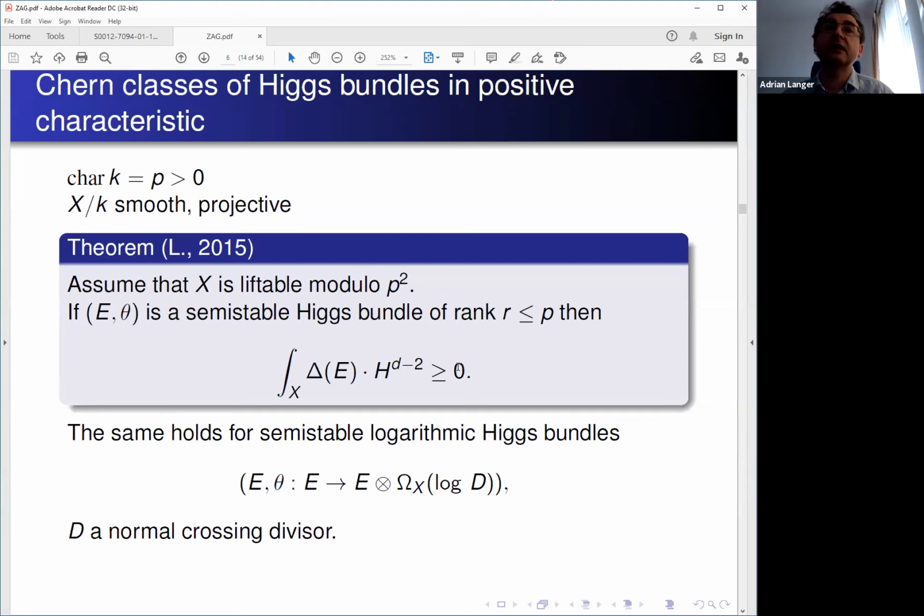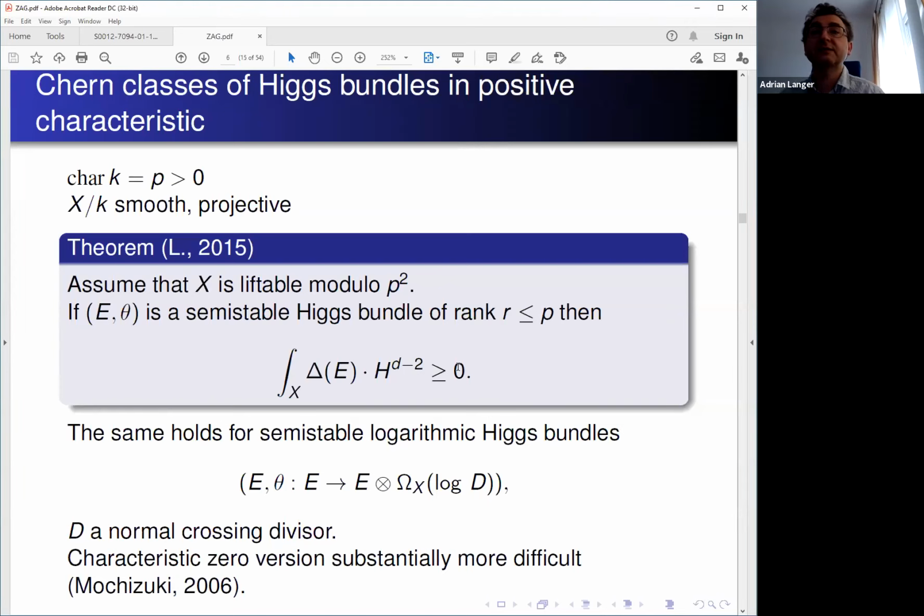The funny thing is that this result in the characteristic 0 version was proven also by Mochizuki in 2006, but the characteristic 0 version requires really lots of work, because the point is that one wants to generalize this result of Hitchin and Simpson on existence of this Hermitian Yang-Mills metric, and this becomes much more difficult in the logarithmic case in characteristic 0, whereas the proof that I gave in the logarithmic case and in the usual case is essentially the same.